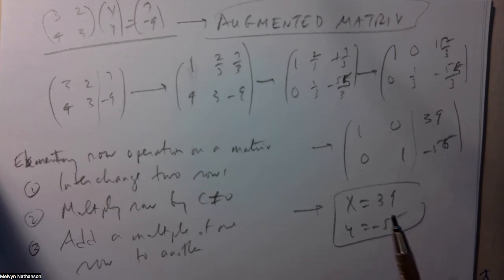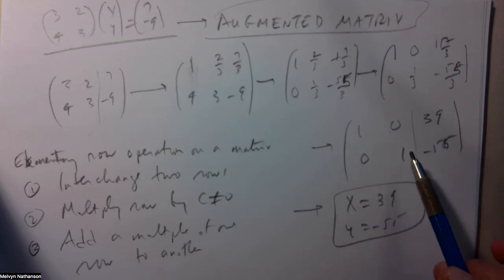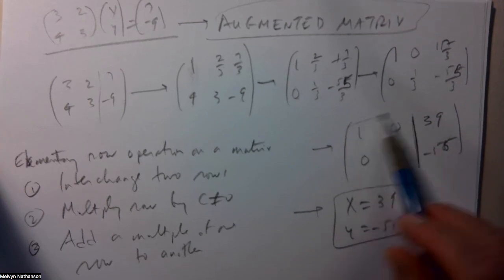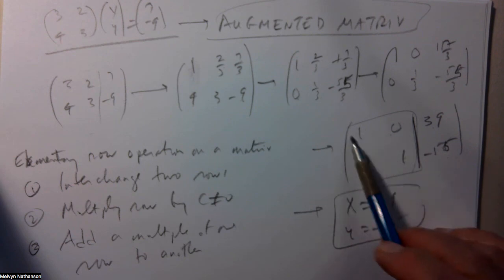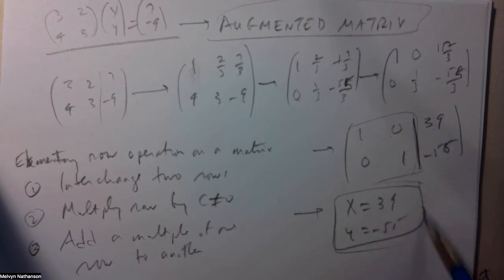And I picked a clever sequence of elementary row operations. So my matrix, in the end, ended up in this very simple form. The 2 by 2 part is just 1, 0, 0, 1. This is what's called the identity matrix. And that corresponds to the system of equations, and I solved the equations.